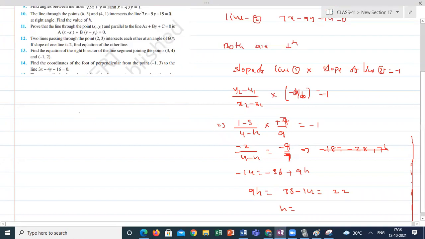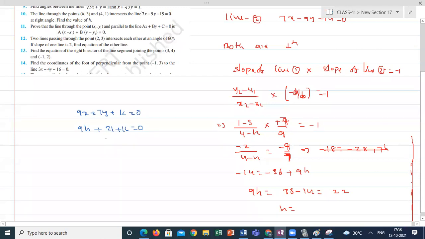Sir, I used family of straight lines. Oh, he used a family of straight lines. Then 9x plus 7y plus k is equal to 0. Correct? Yes, sir. Then I equated both and solved both the equations. First, I tried by h and 3. Then 9h plus 21 minus k. Sir, it should be minus k, right? Why minus k?